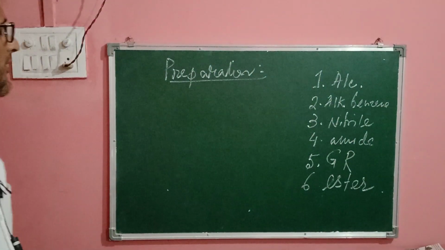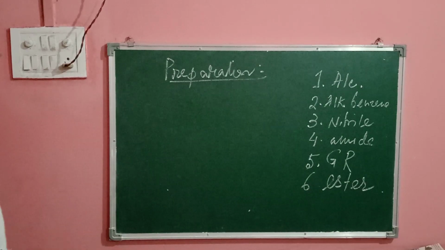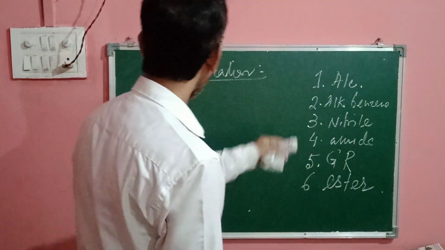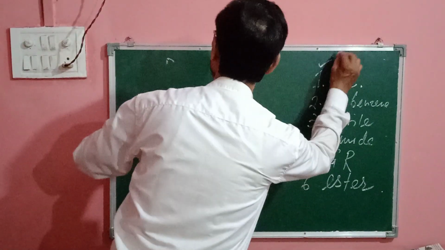These are some important things from which you can prepare carboxylic acid. One is from alcohol. Just follow from alcohol.